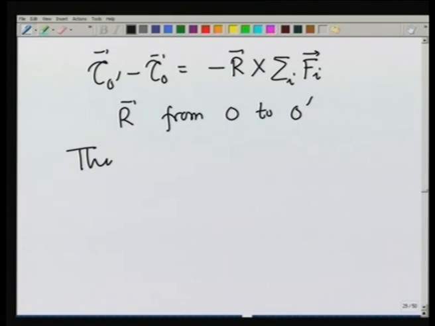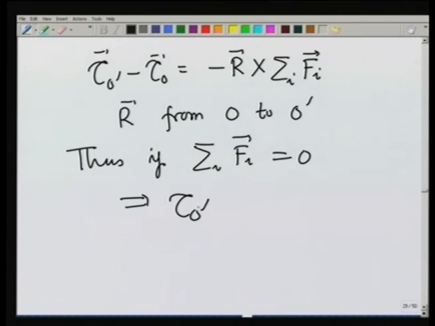Thus, if the total force summation F I is equal to 0, this implies tau O prime is going to be equal to tau O.